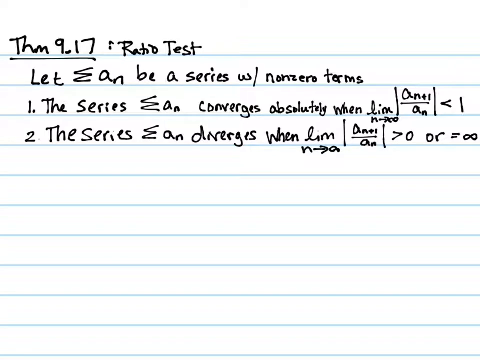I apologize, I originally said greater than 0; that should say greater than 1. I was looking at another part of my paper. So less than 1, it will converge absolutely. Greater than 1 or infinite, it will diverge.